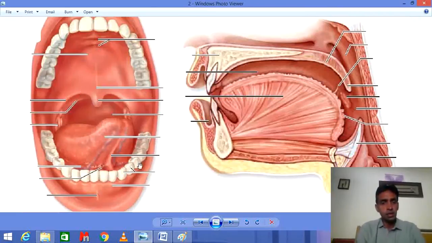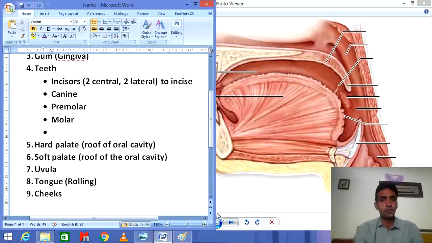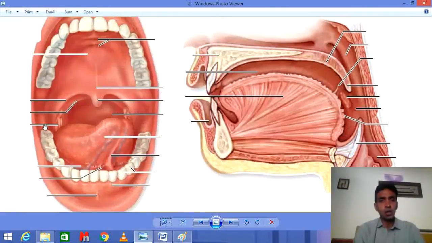And here in the last, that is called wisdom tooth, or wisdom teeth. Wisdom teeth are not responsible for chewing, but sometimes they can work for chewing when they are in an aligned position.